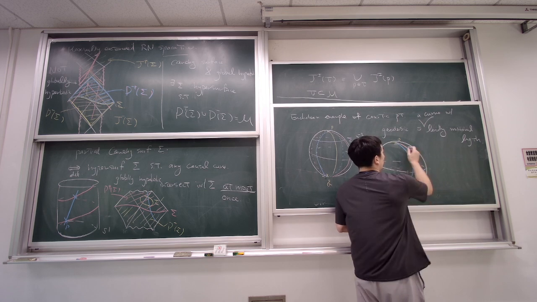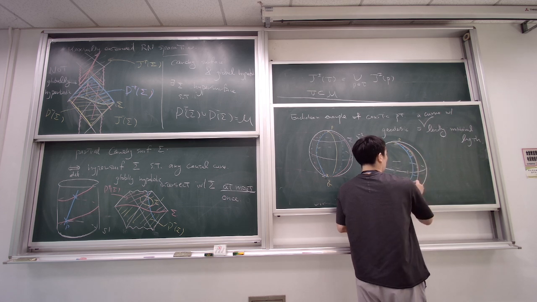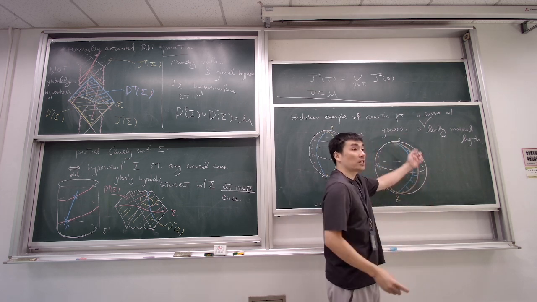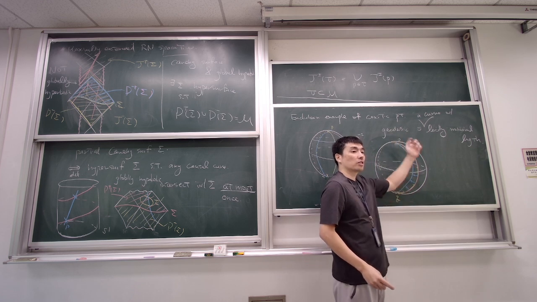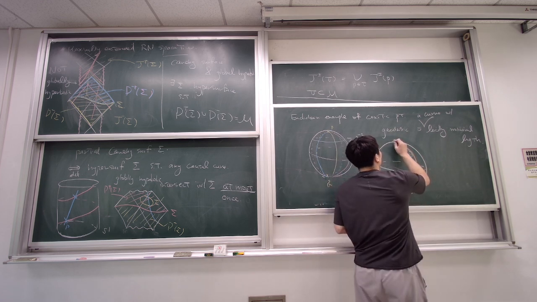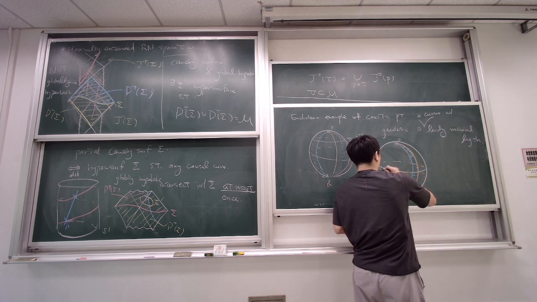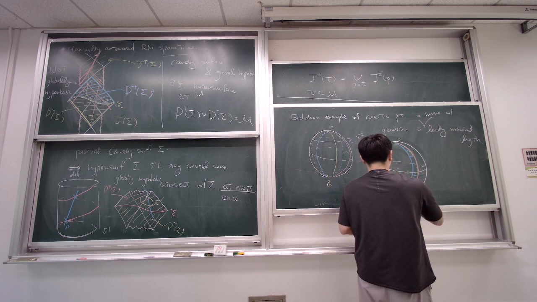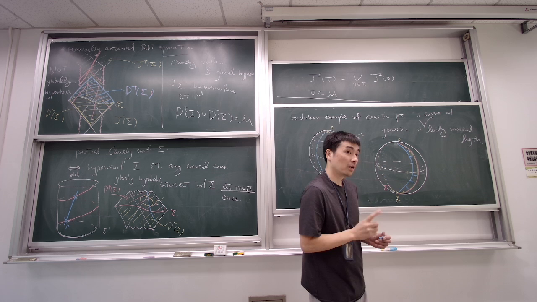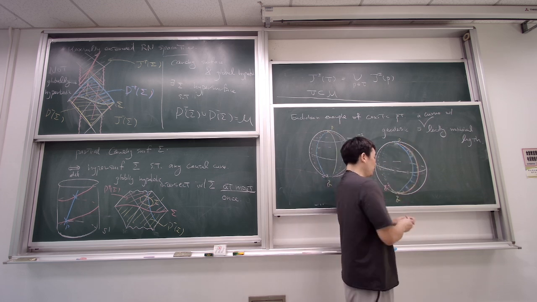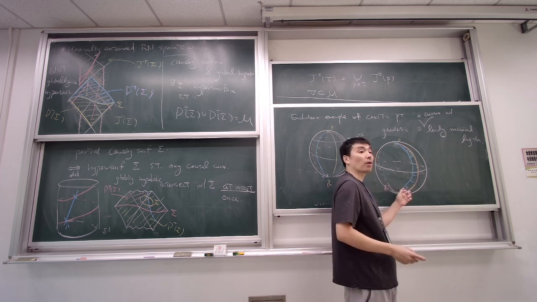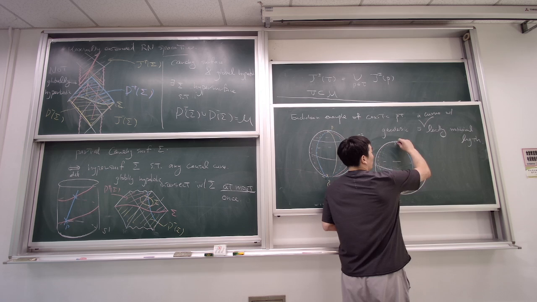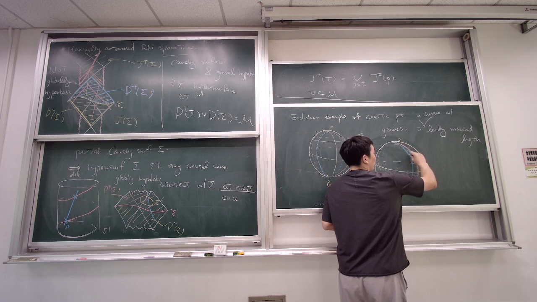But still this is a geodesic, a gray circle. You can do it like this, and it just meets at the focal point. And you consider P and Q connected by the blue line.